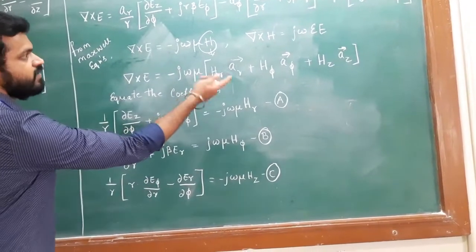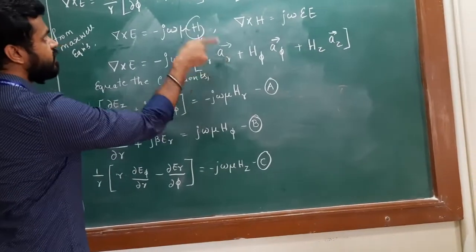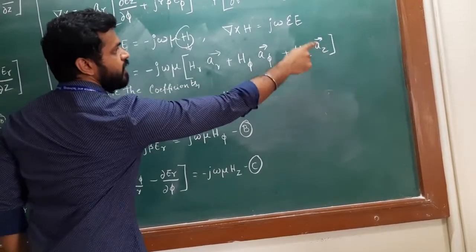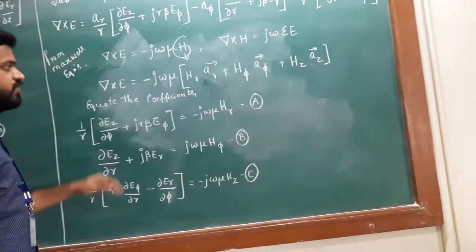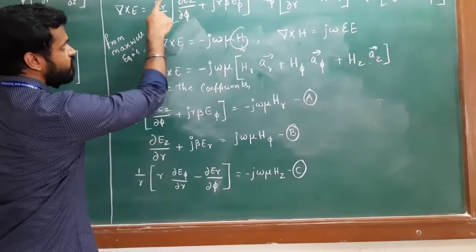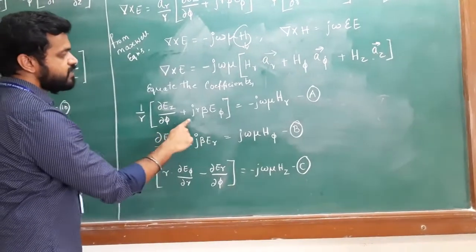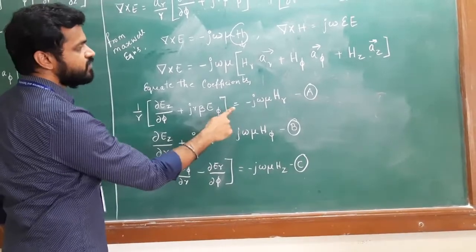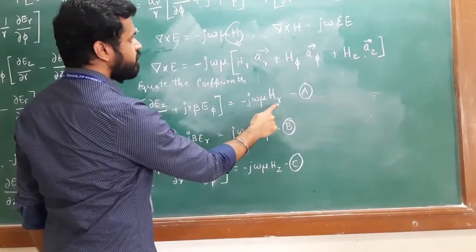So we will equate all the coefficients with A R and A R, A phi and A phi, A Z and A Z. So the first equation is given by 1 by R, where this A R is a coefficient: 1 by R, dou Ez by dou phi plus j R beta into E phi is equal to minus j omega mu HR.